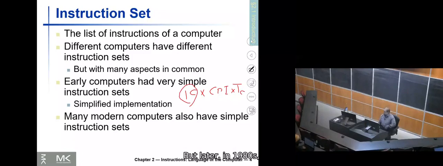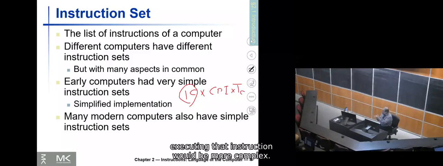Okay. But later, in the 1980s, when we do complex instructions, it means that the hardware executing that instruction would be more complex. And when the hardware is more complex, it means that there is more delay in the processor when you want to do something, because it's doing more complex operations.